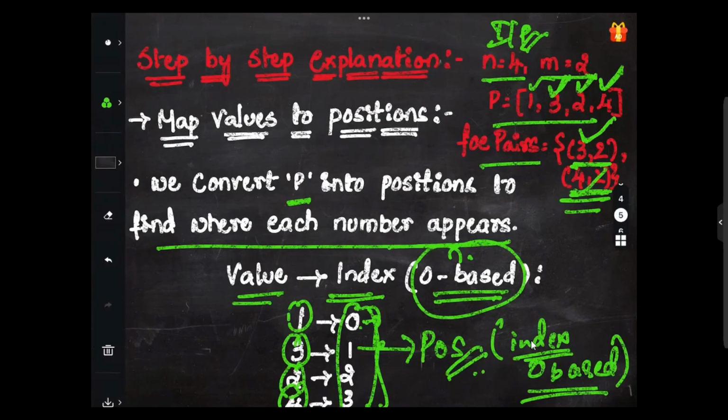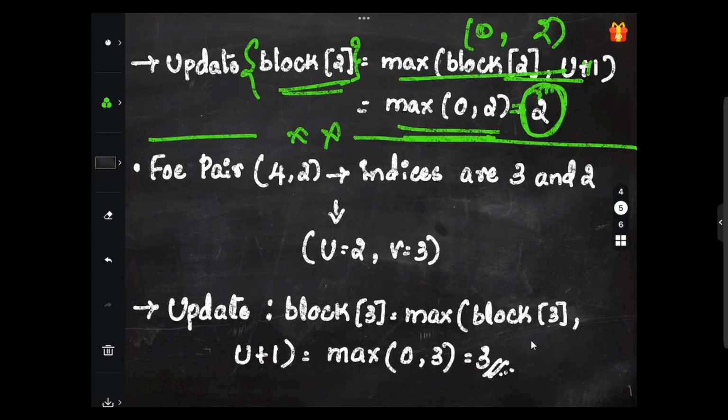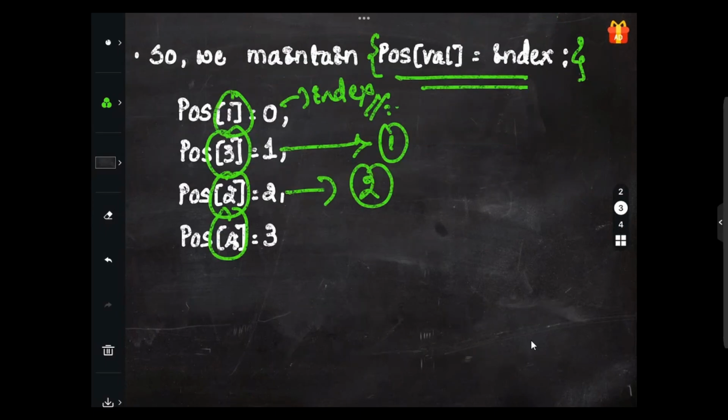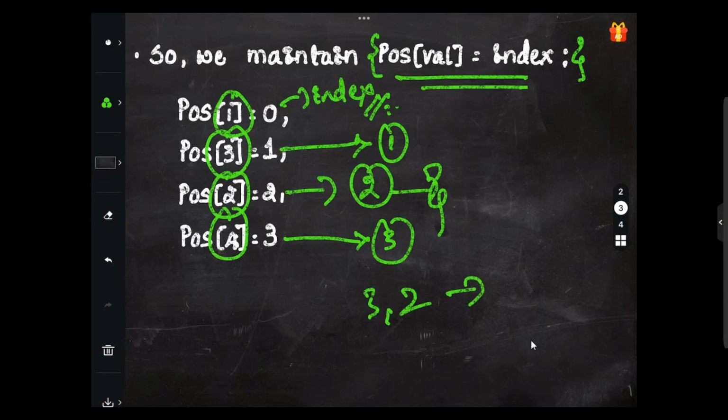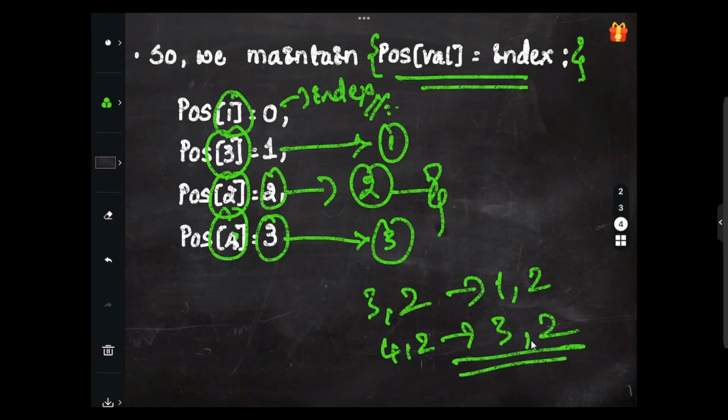For 3 comma 2 the indices are 1 comma 2, and for 4 comma 2 we have 3 comma 2, because the value 4 is present at index 3 and the value 2 is present at index 2. So this is present at 3 comma 2, right?